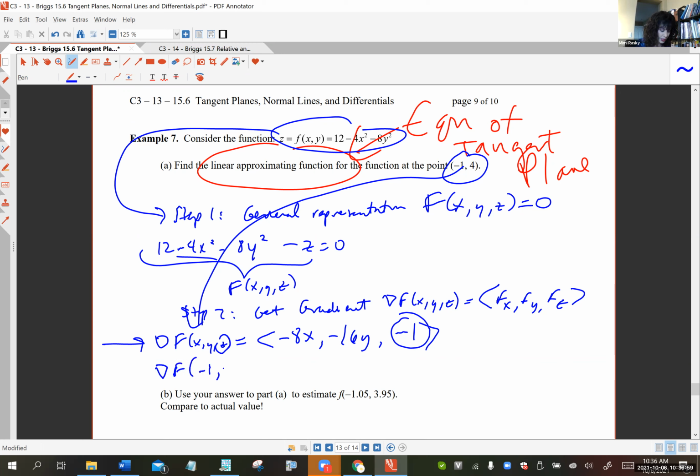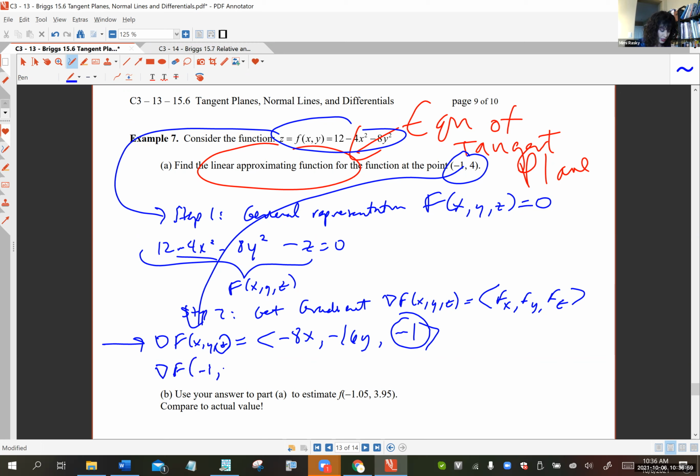So let's do that. What is f evaluated at negative 1, 4? Well, the function was 12 minus 4x squared minus 8y squared. So what is 12 minus 4 minus 8 times 16?